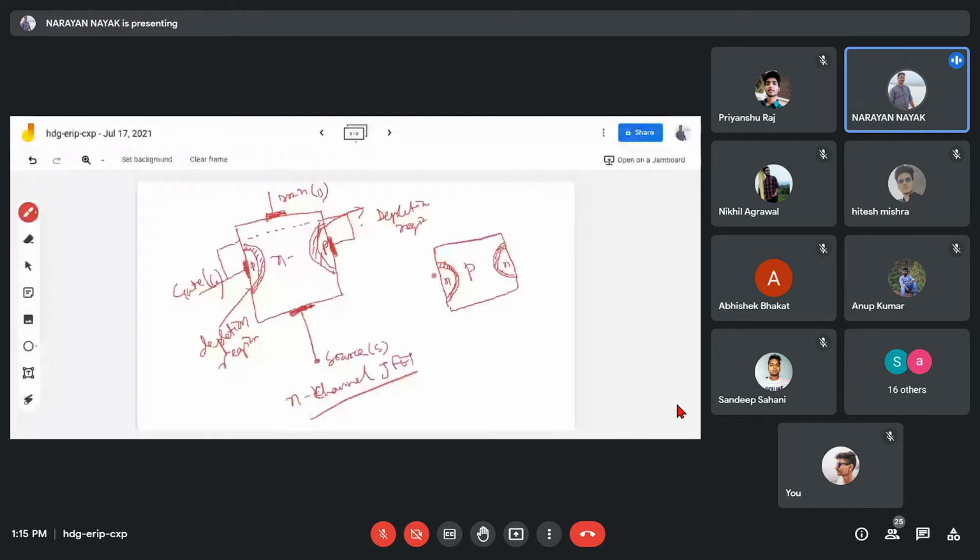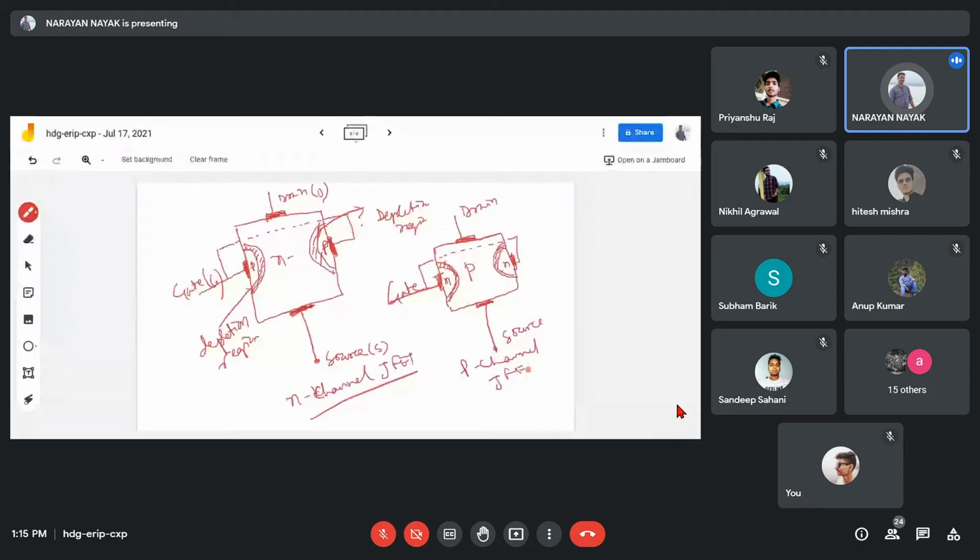Okay, and this is your drain, and this is your source. Clear? Also, there is a connection between input and output section. Now, this is your P-channel JFET.